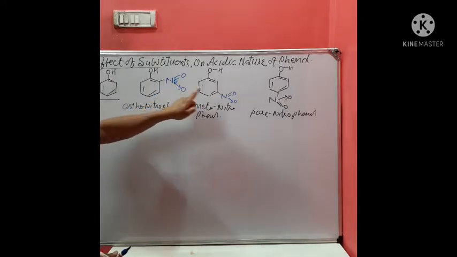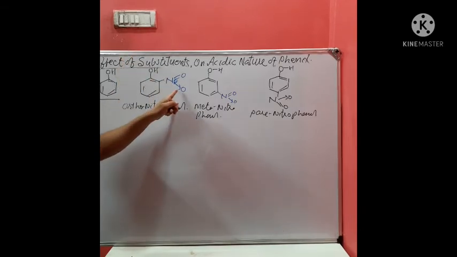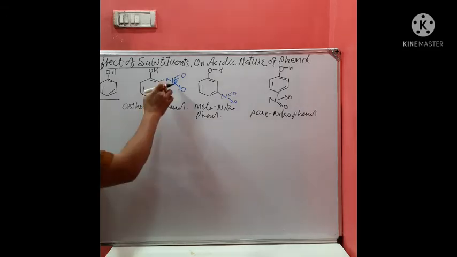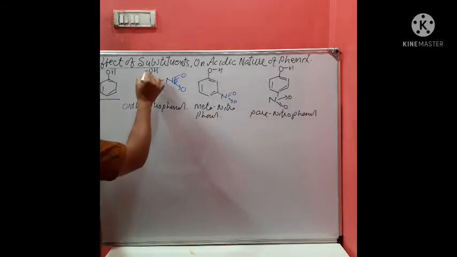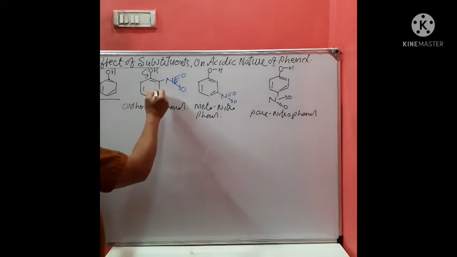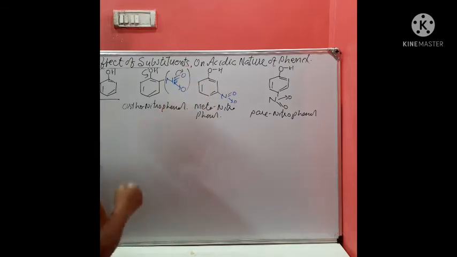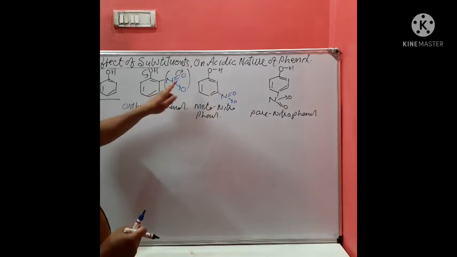Why do these groups behave as electron withdrawing? Electron withdrawing means they are able to withdraw electrons. Very first the electrons are withdrawn from oxygen to the benzene ring, and now the benzene ring becomes what? Electron deficient. So now the oxygen, that is the nitro group, is able to withdraw electrons. Actually what happens?